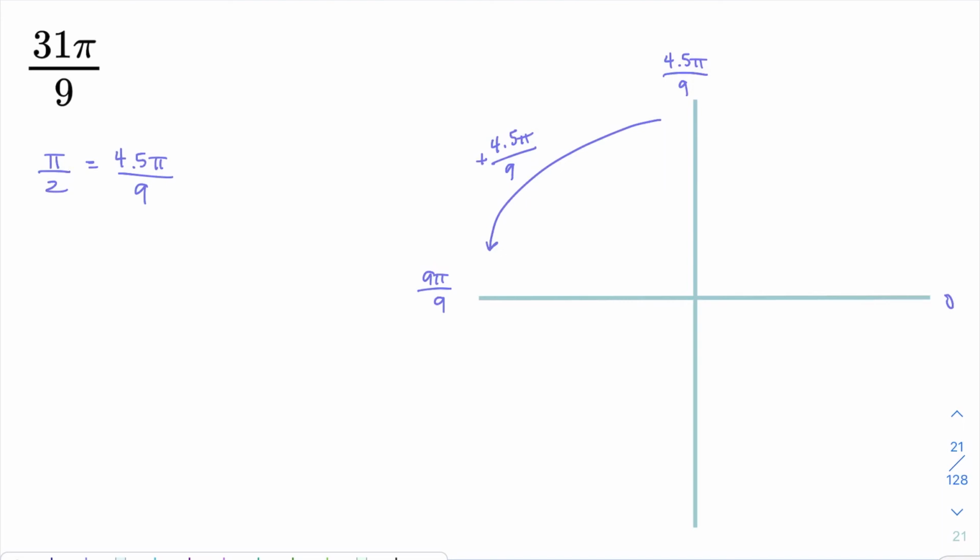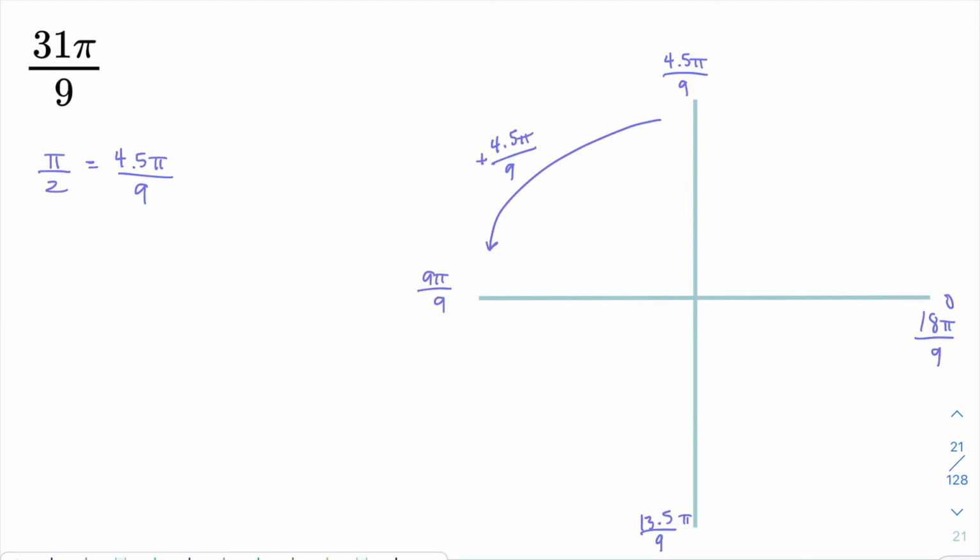Really, I'm just adding 4.5 to the number every time. So 9 pi over 9 plus 4.5 pi over 9 is 13.5 pi over 9. 13.5 plus 4.5 is 18, so this is 18 pi over 9, which makes sense because that reduces to 2 pi, and we know once around the circle is 2 pi.